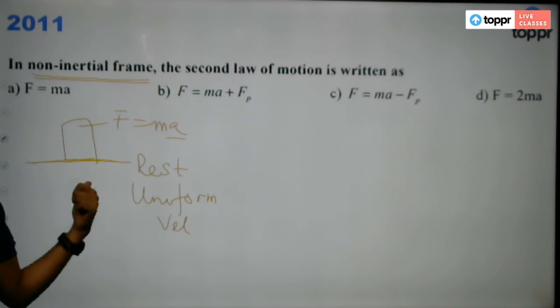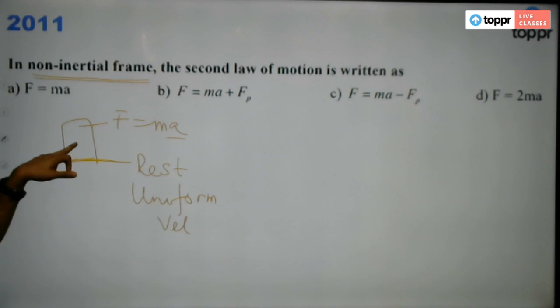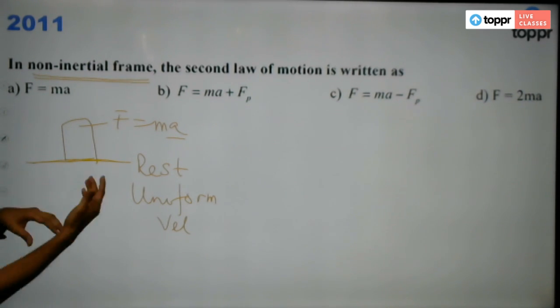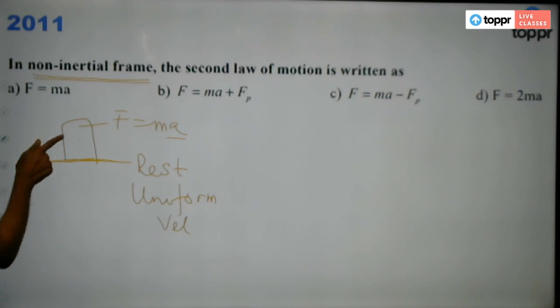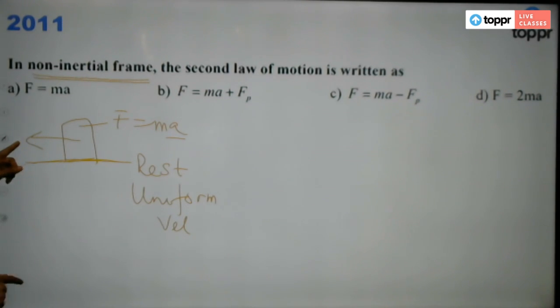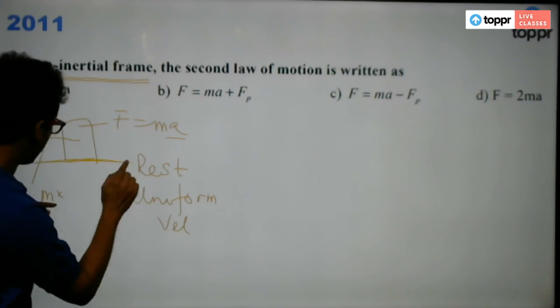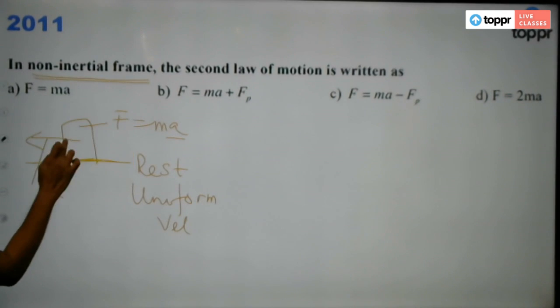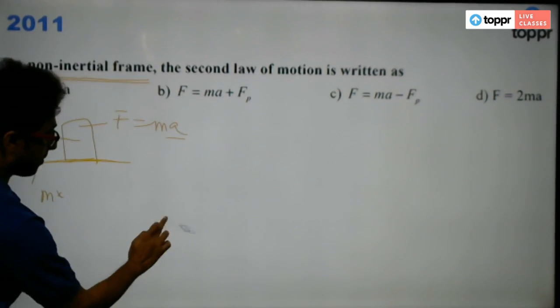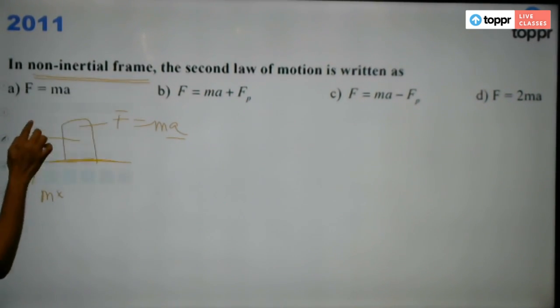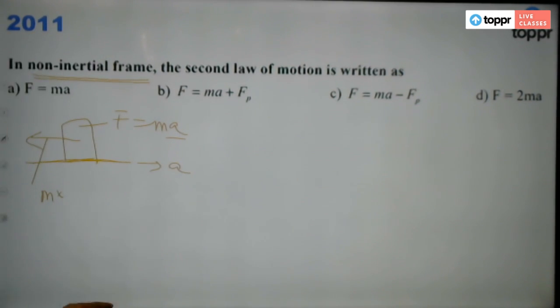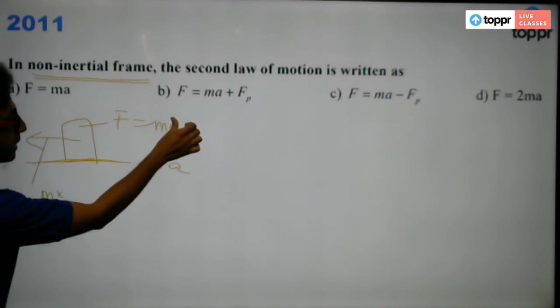When it becomes a non-inertial frame, this body will experience an opposite force, which will be equal to the mass of the body into the acceleration of the frame.